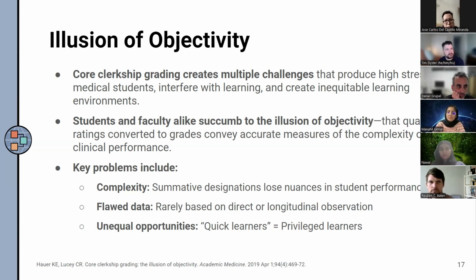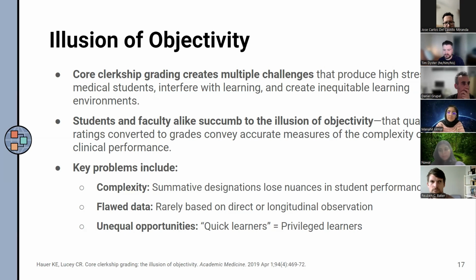Some of the key problems that this article raised harken back to those big four problems at the start of our hour. Because of how complex the clinical activities we do are, it's really difficult to capture them in a single word, like honors or pass. It's a distillation of so many things that would be better described in their richness.